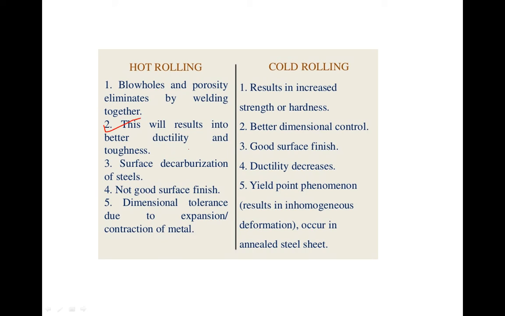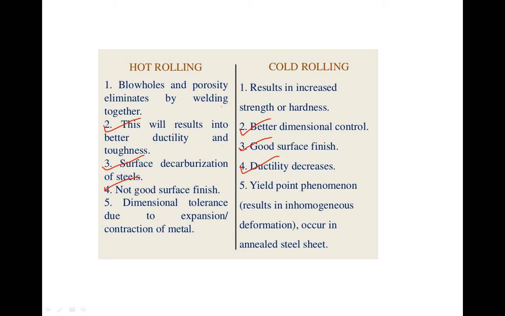In cold rolling, better dimensional control is there, and you obtain a good surface finish, but in hot rolling you are not able to obtain a good surface finish. Some surface decarburization and rusting of the surface will be there. In cold rolling, ductility decreases, it is not improved.